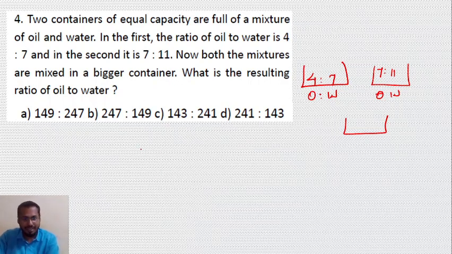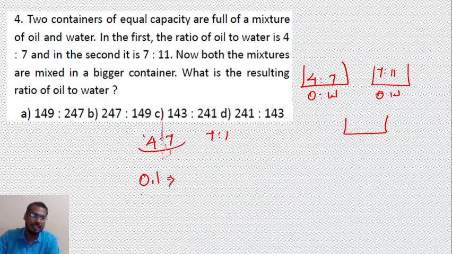So look at this. The ratio of oil and water is 4:7 and 7:11. Now we're going to separate the oil and water. If I want to write oil, totally 7 plus 4 is 11 parts.